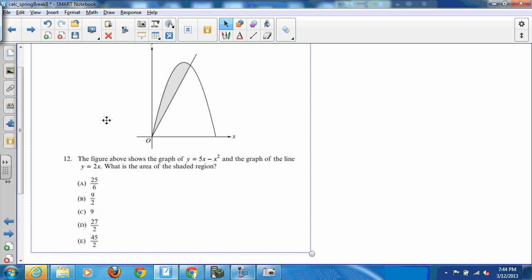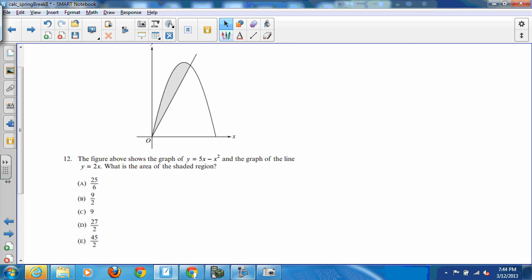It says, what is the area of the shaded region? So we have 5x minus x squared. So the top curve is the 5x minus x squared. So we know that's going to be our top curve.